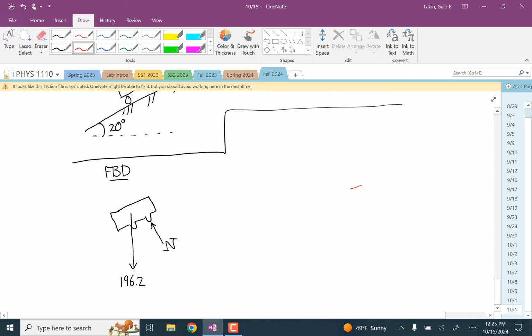So I'm going to draw the coordinate system like this. Draw the weight force like this. That has a magnitude of 196.2. Since this ramp is at 20 degrees, it's 20 degrees from the vector to the negative y-axis, so that's 20 degrees.